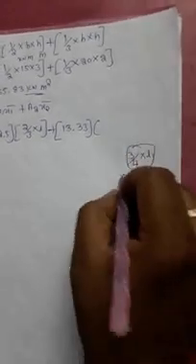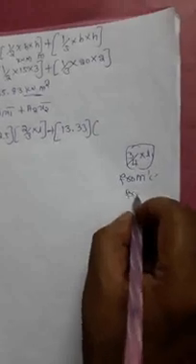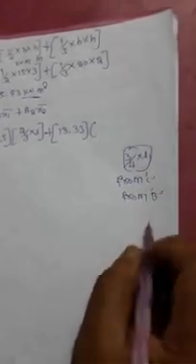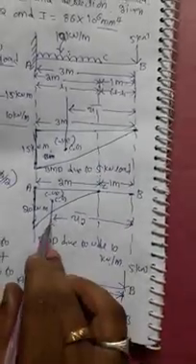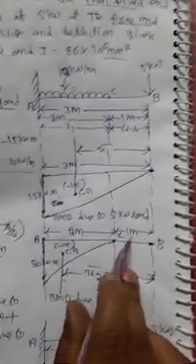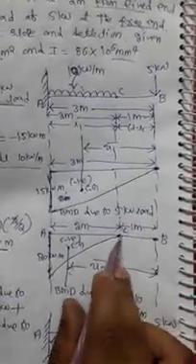But we require it from B, so from B to the center of gravity point we add the remaining span length, which is 1.